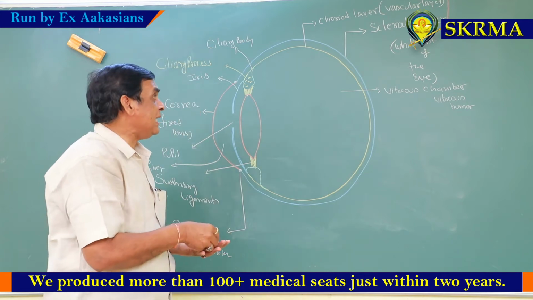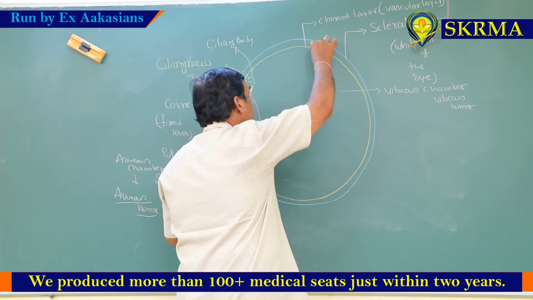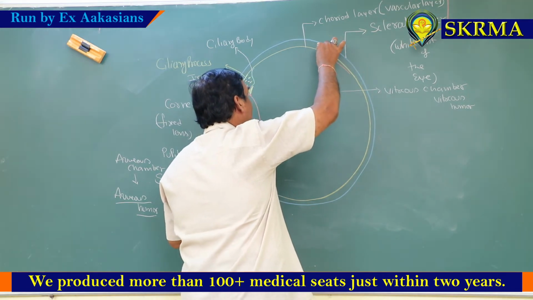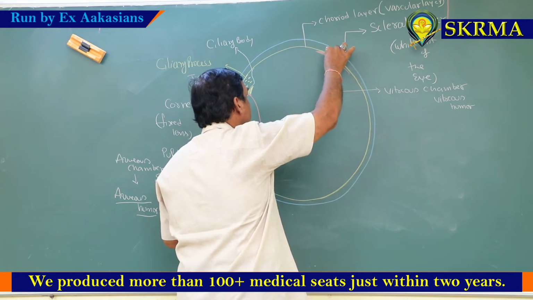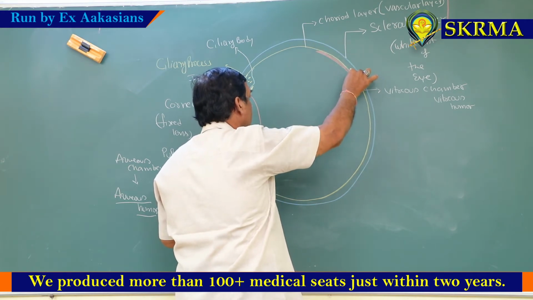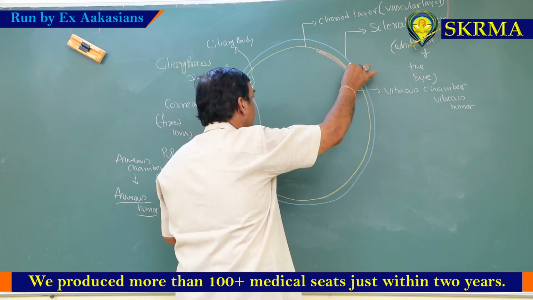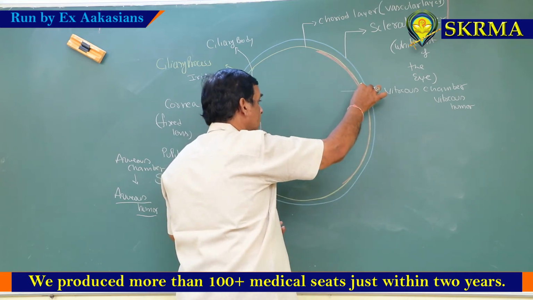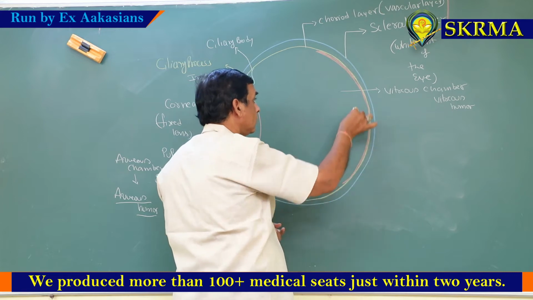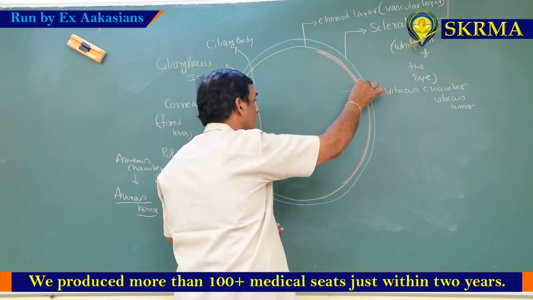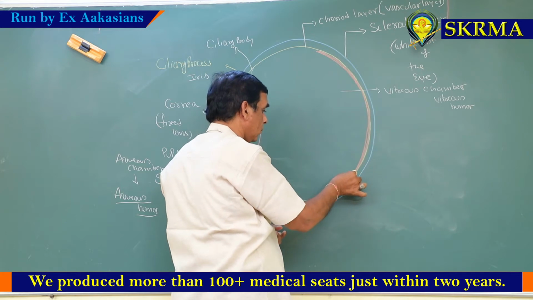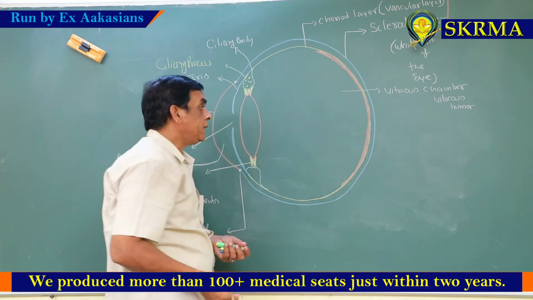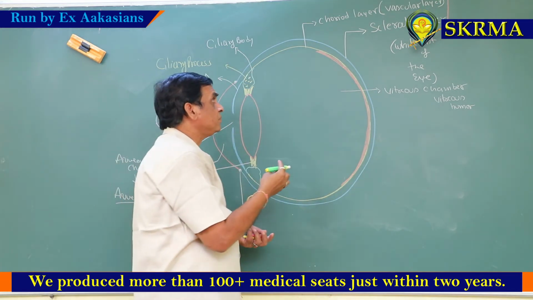Now the pigmented layer is like this. Almost it is merged with the choroid layer. It is the pigmented layer.